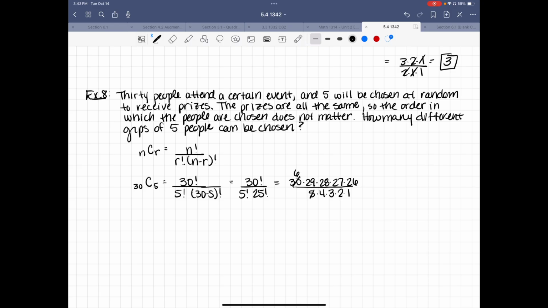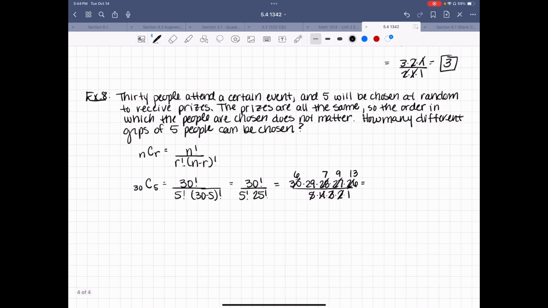That's going to be a 6. 4 will go into 28 7 times. 3 will go into 27 9 times. And 2 goes into 26 13 times. So you have 6 times 29 times 7 times 9 times 13. That is going to give us 142,506 different ways the people can be drawn.